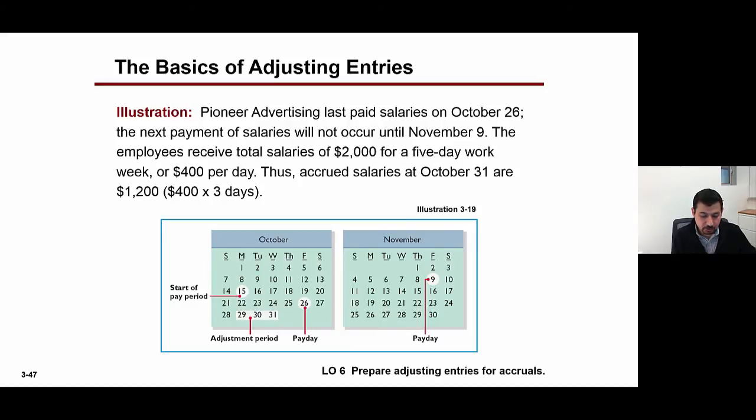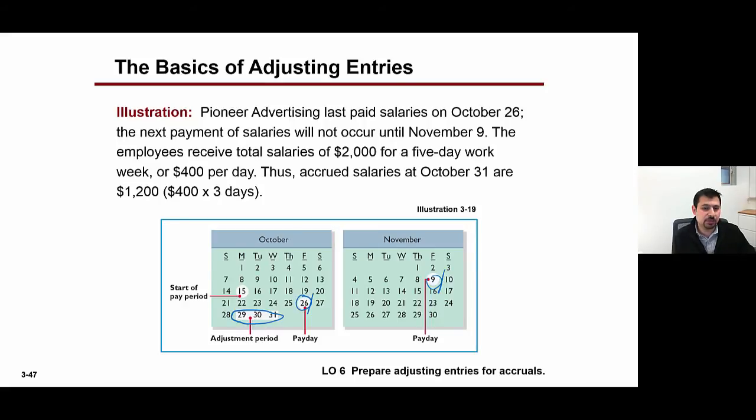Remember, so basically here what we're saying is that the company will pay on this day, and then the second payment will be on this day here. However, what about those 3 days here? Those 3 working days, Monday, Tuesday, and Wednesday. The employees have worked those 3 days, but the company will not pay them now.